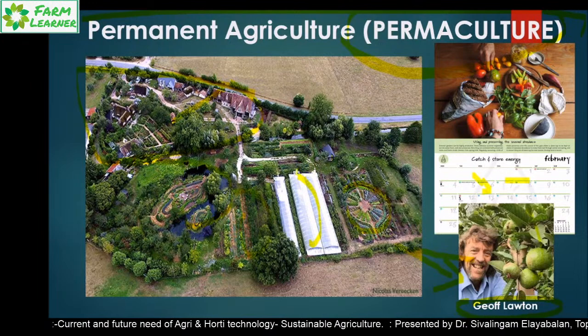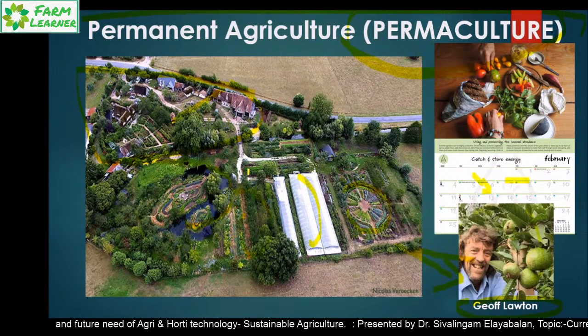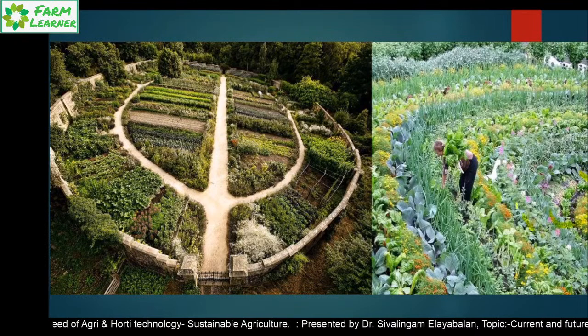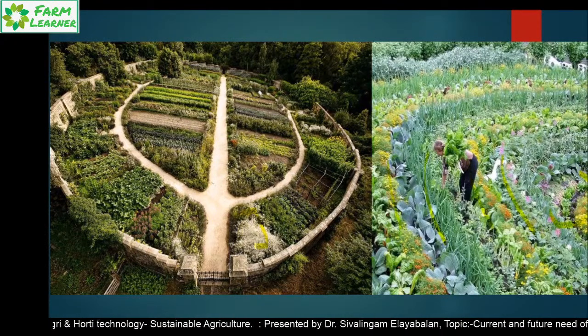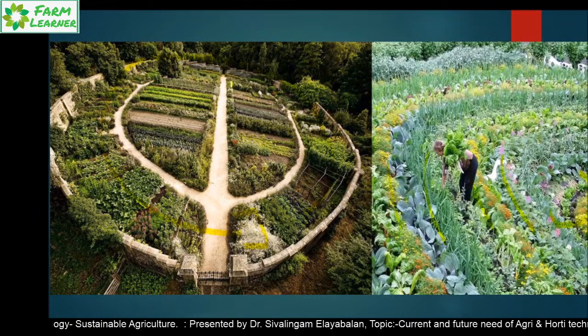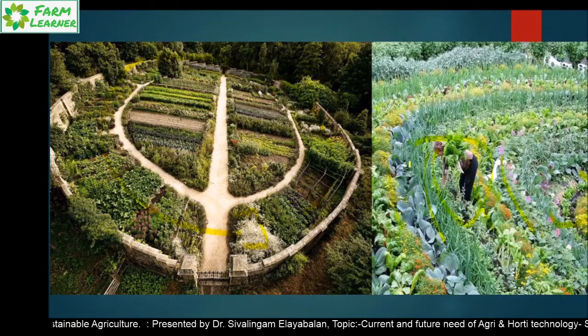365 days we need to grow. How can we make it possible to grow all kinds of vegetables, all kinds of things for 365 days? So he is the man who drove this. This method is called permaculture. Cyclically, this is one date, and routinely they will grow the vegetables, even greens, all kinds of plants they are getting. If you take the lady standing here, this is the reproductive stage, flowering stage and fruiting stage.